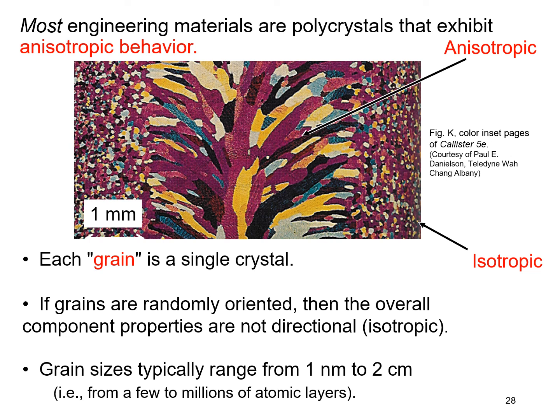Grain sizes typically range from 1 nanometer to 2 centimeters. In the areas where the grains are not randomly oriented, as shown in the middle of this image, the properties are going to be anisotropic, meaning they will be very directionally oriented. It is not the same in every direction.